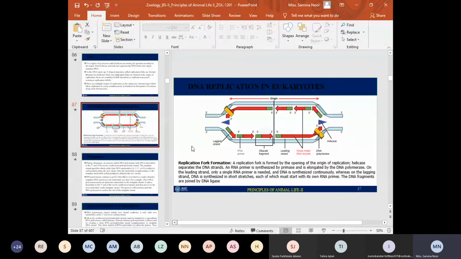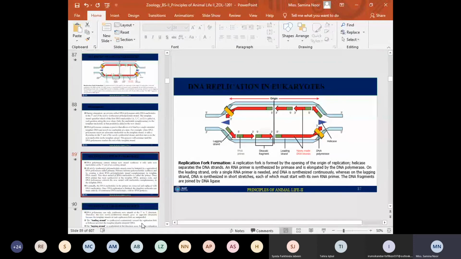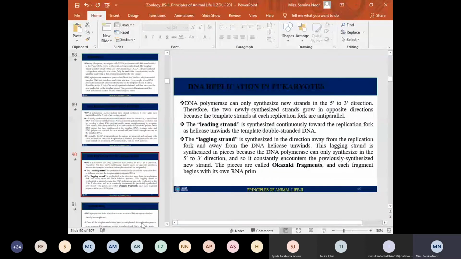So both newly synthesized DNA strands are always in opposite directions, always from 5' to 3'. The newly synthesized strands are named the leading strand and the lagging strand.